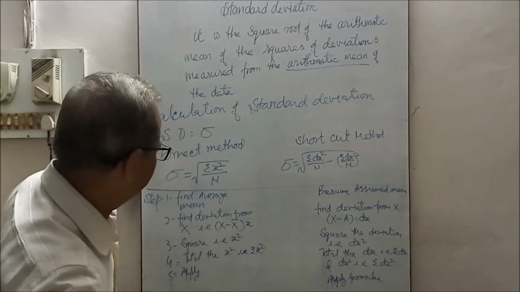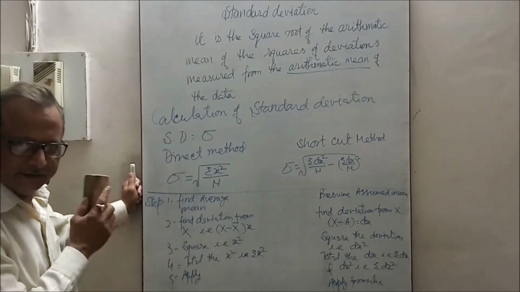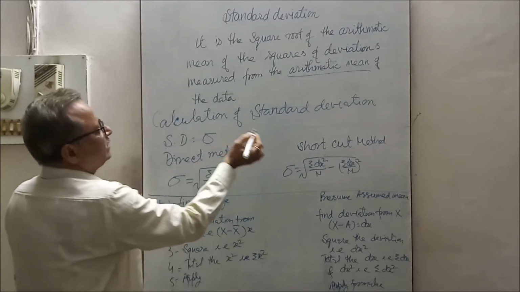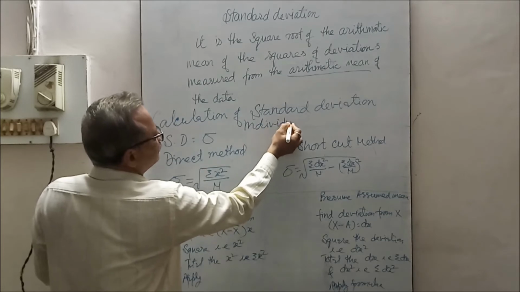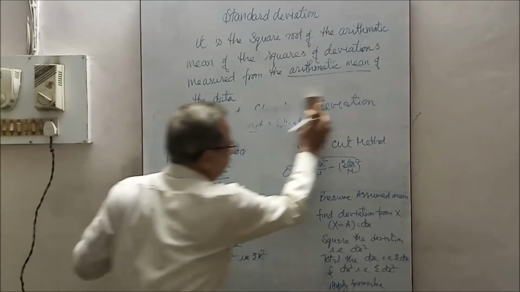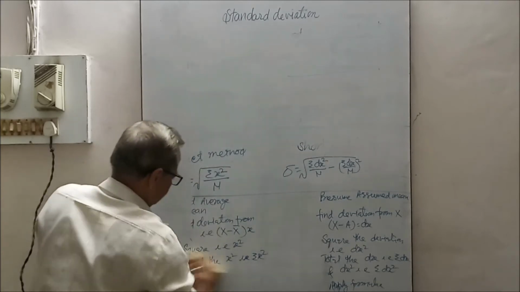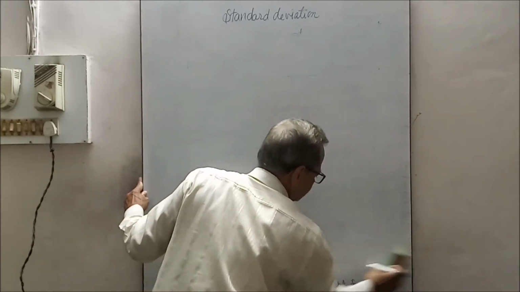Now it is clear. Now we will take one example to calculate the standard deviation in the individual series. This is the individual series. One by one we will learn it. One example we are taking from your book.